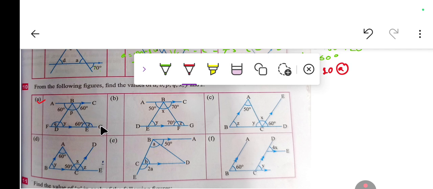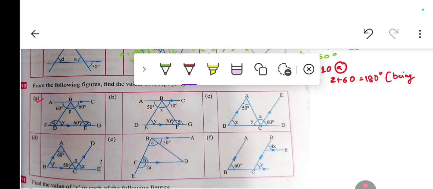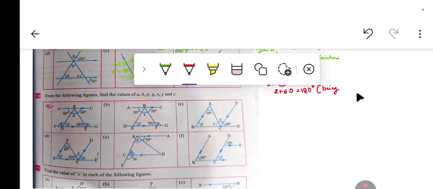C shape co-interior, z and 60 are co-interior. We can write z plus 60 is equal to 180 degree, and the reason can be written over here being co-interior angles.